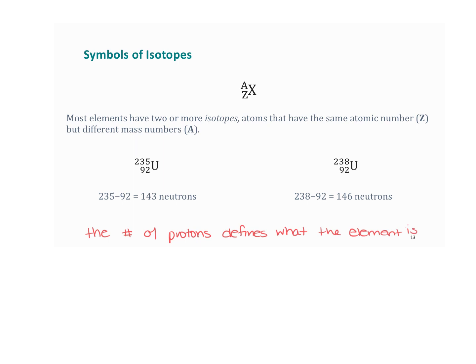And what I mean by that is every uranium is going to have an atomic number of 92 and 92 protons. That's how it goes.